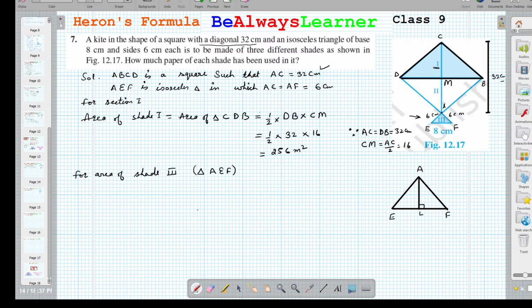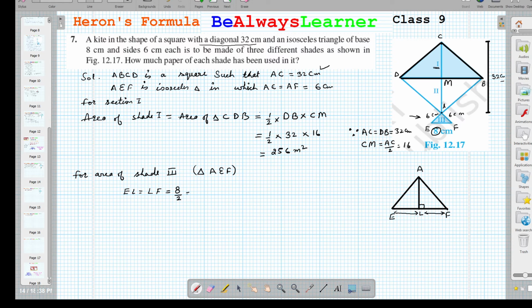So we have to calculate first EL, this portion, and LF. Both are equal, and the total length of this is 8 centimeter, that is divided by 2, right?